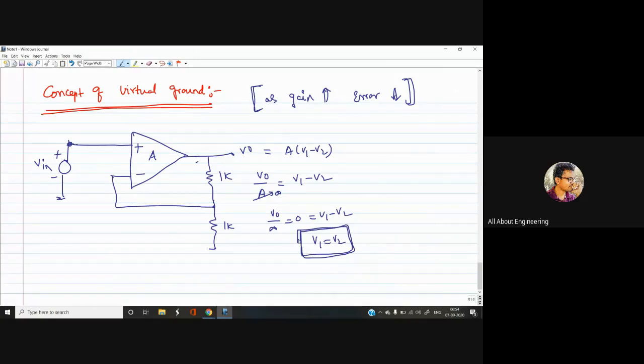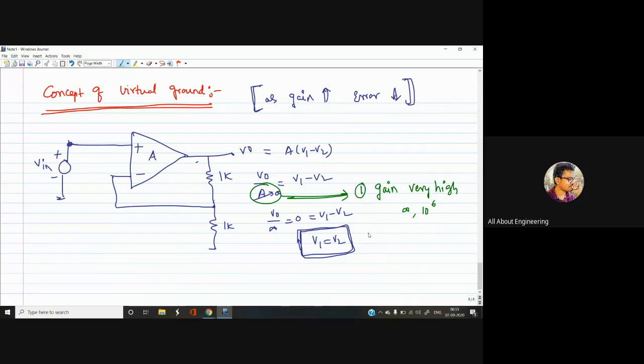So when is this possible? The gain should be very, very high. It can be infinite or very, very high, like 10 power 6 or 10 power 8. And one more important thing is, it should have a negative feedback.